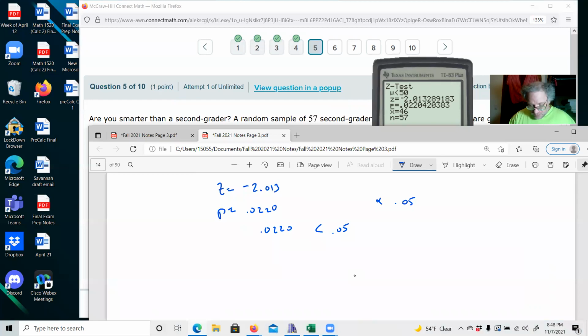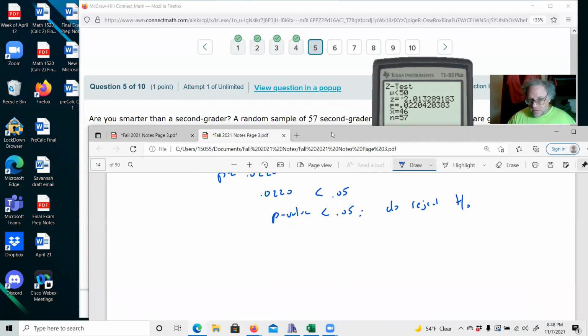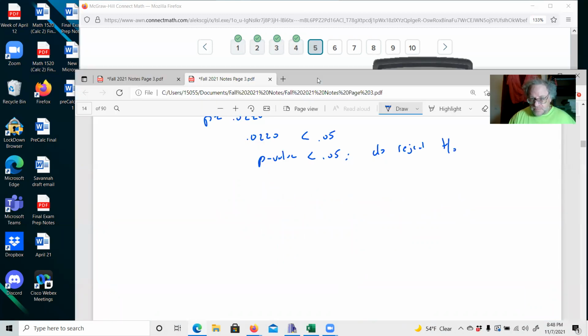So we're just going to go ahead and say, because the p-value is less than alpha, less than our standard, we do reject H0. Our kids are doing poorly.